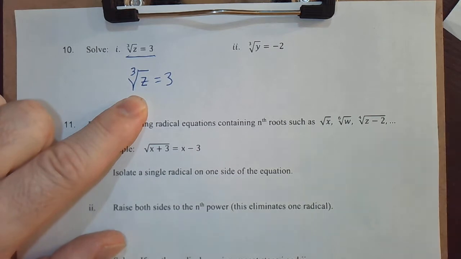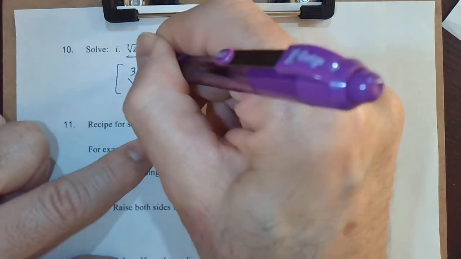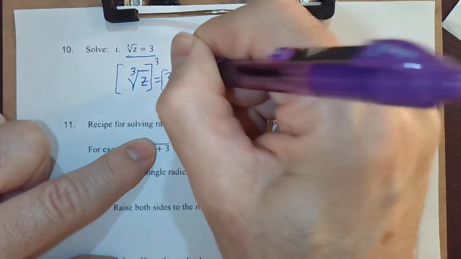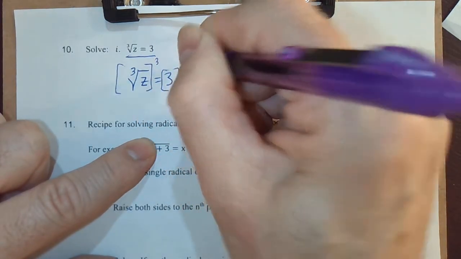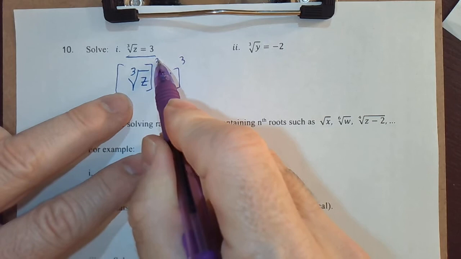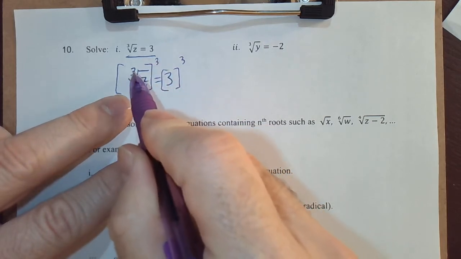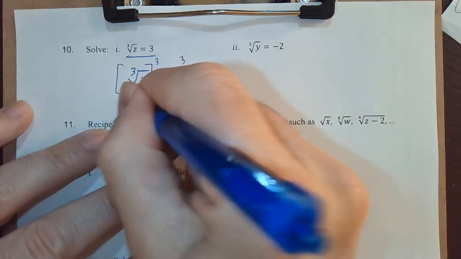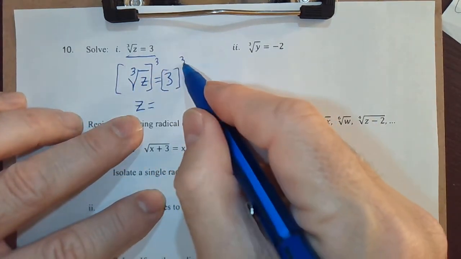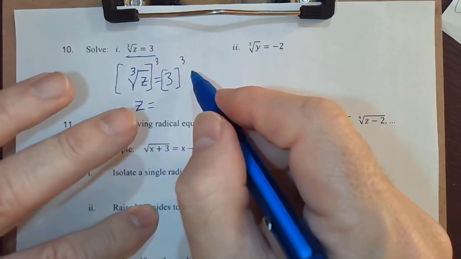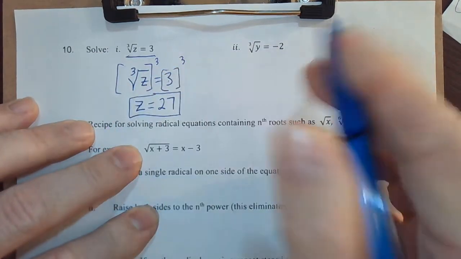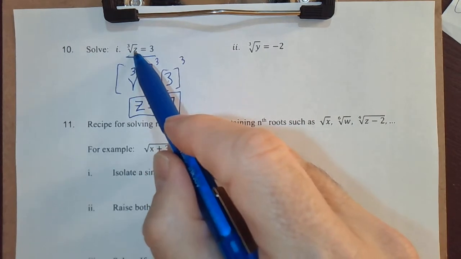In order to get rid of that radical, I have to raise both sides to the third power. So the third power cancels out the third root. And that gives us z equals, what is 3 cubed? 3 times 3 is 9, times 3 is 27. And that tells us that the cube root of 27 is 3.